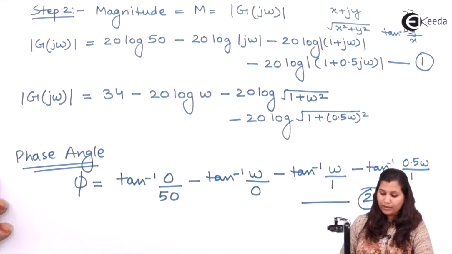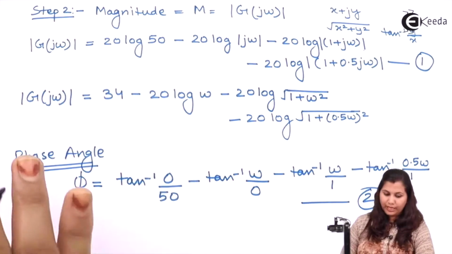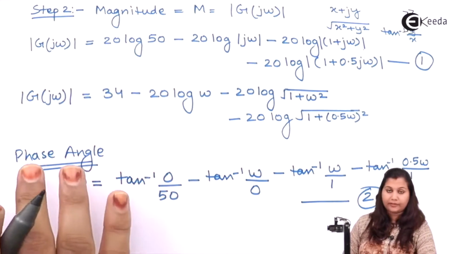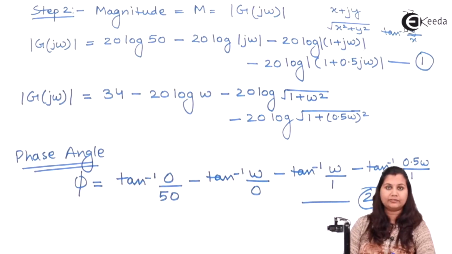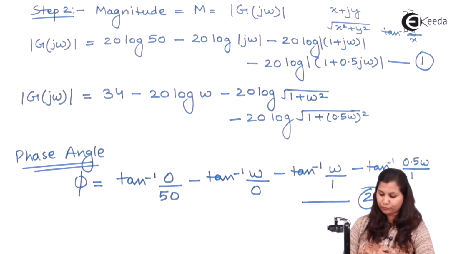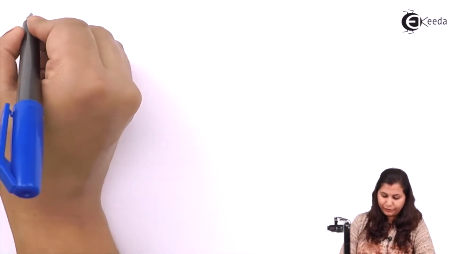Okay, now make a table so that it will be easy for us to plot this magnitude and phase angle with respect to frequency. So let's form a table for the magnitude plot.